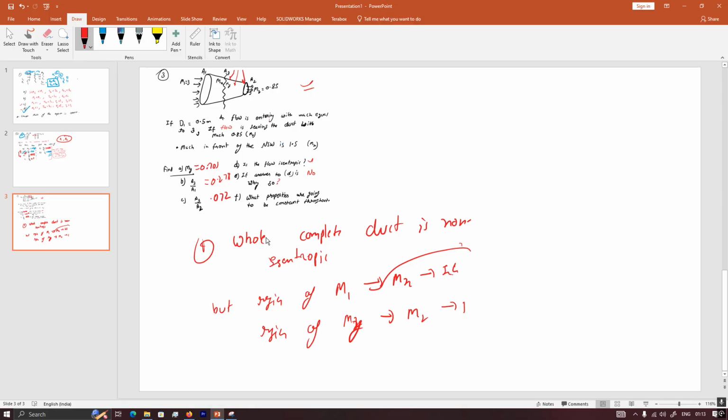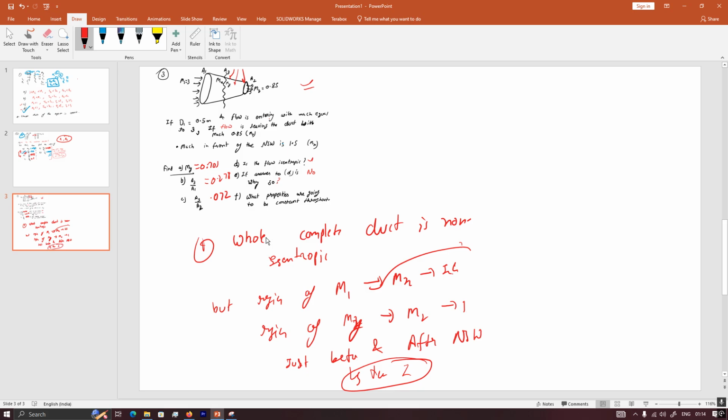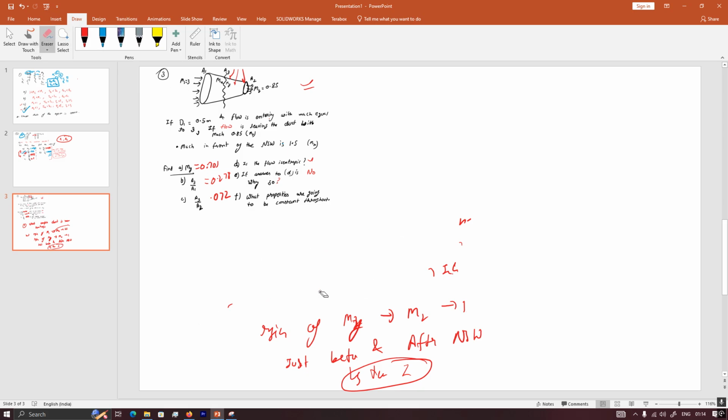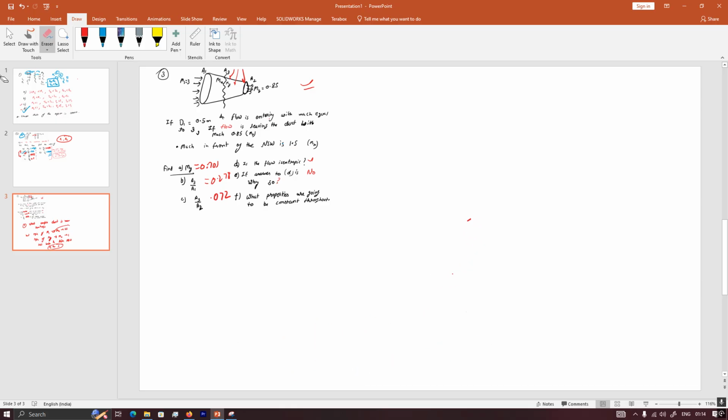Or just before and after the NSW, your things become isentropic if there is no other irreversibility present. So that's the whole cause of it. If you want to show that in the diagram, do show that. I'll do that here. So this part is isentropic, and this part is isentropic, not the complete.